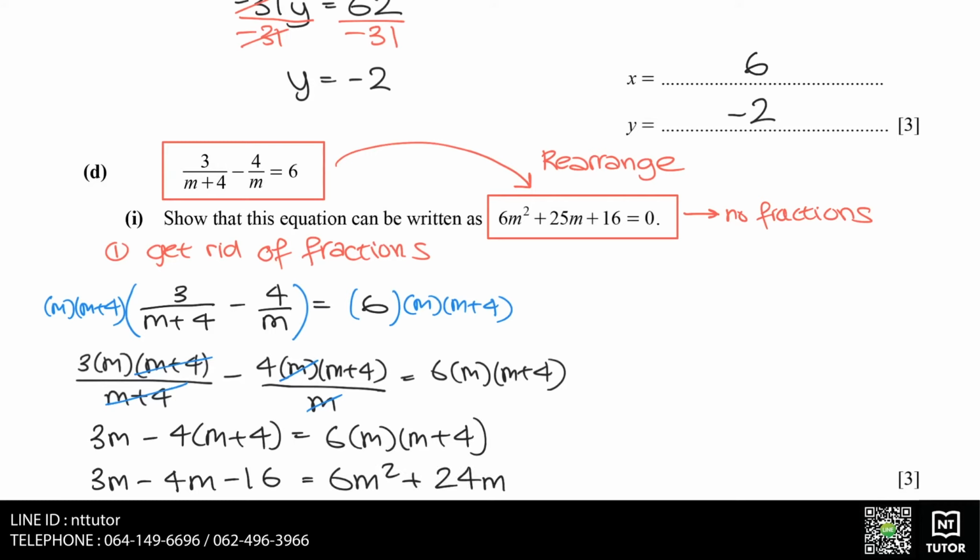The expression that we want to rearrange it into also has 0 on one side and everything else is on the other side. So we should be moving everything to one side.